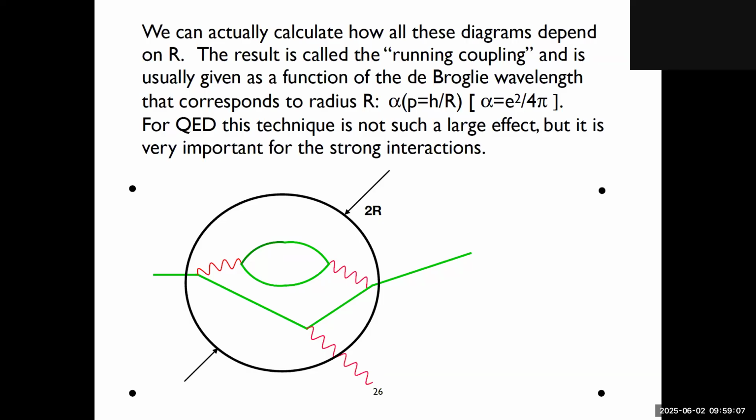The divergence is associated with times that are infinitesimally small, and therefore with energies that are infinitesimally big, high, large. So nothing more than that. We know that since the amplitude is proportional to delta t, when delta t gets small, it's like 1 over delta E. So when delta E gets large, the integrand keeps going down.